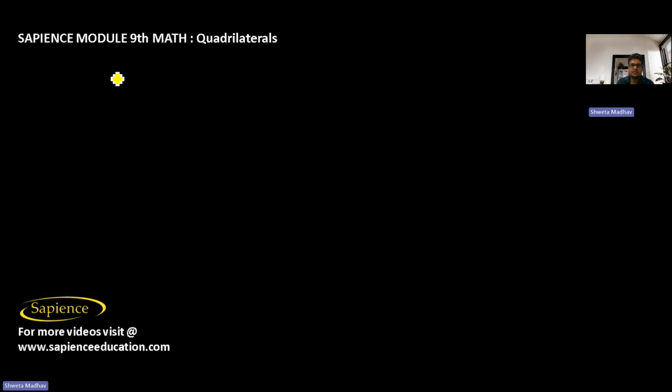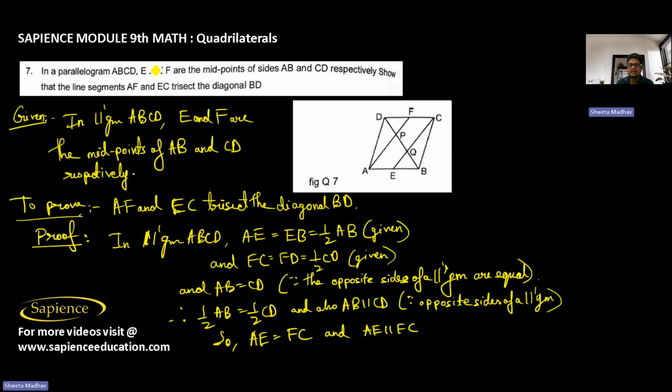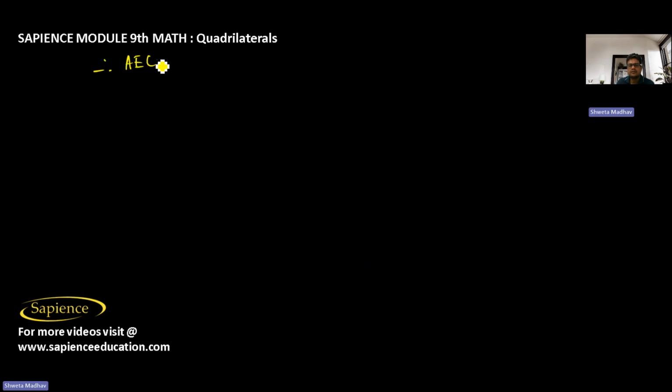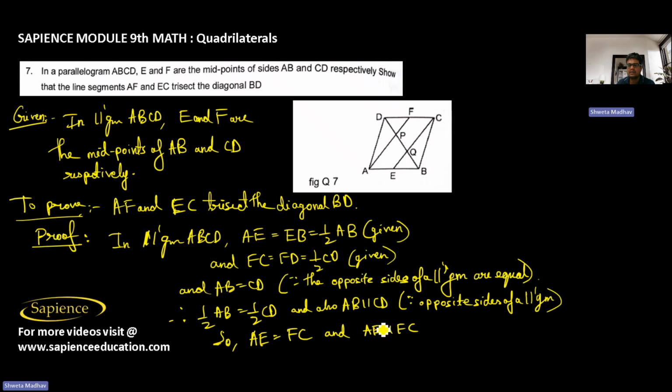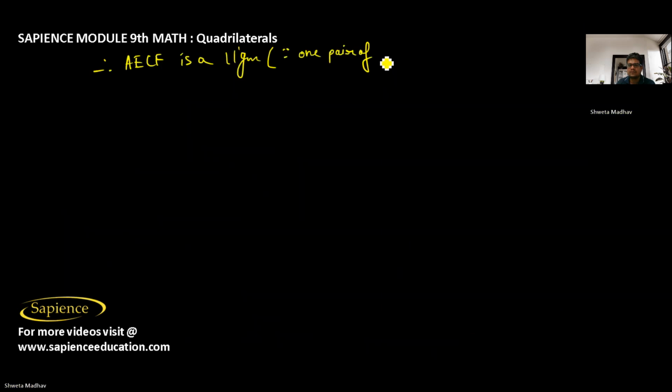So therefore, AECF is a parallelogram, since one pair of its opposite sides are parallel and equal.